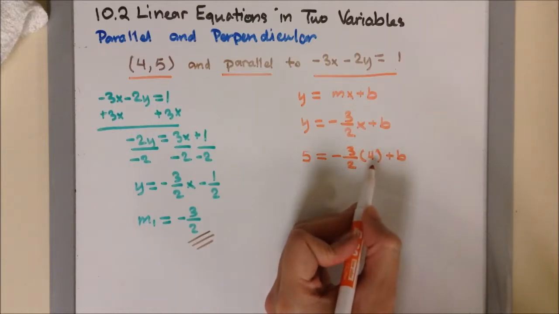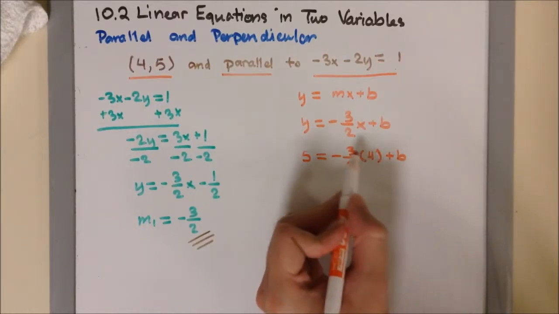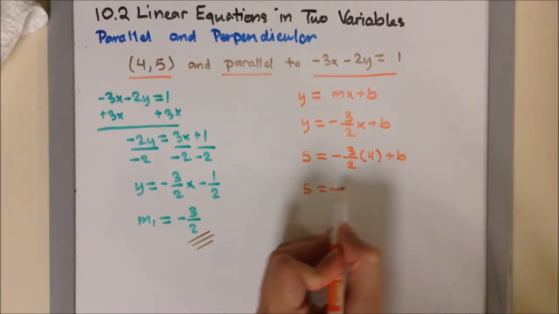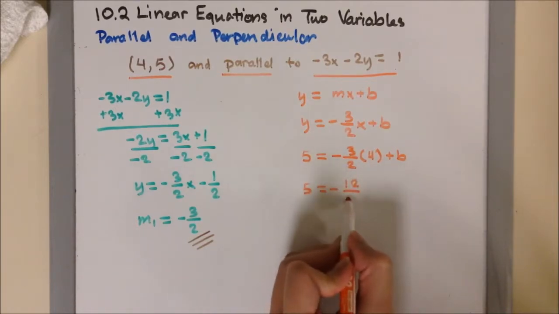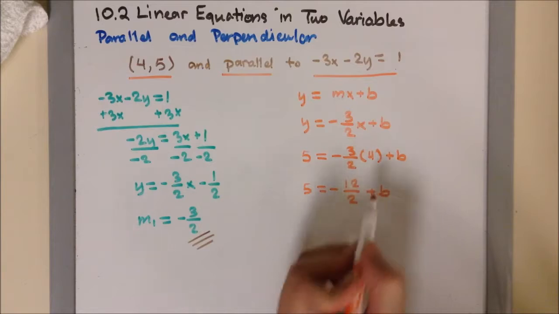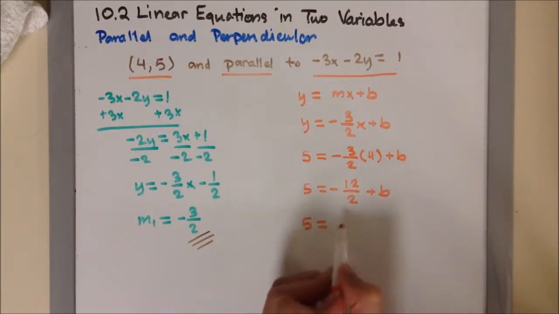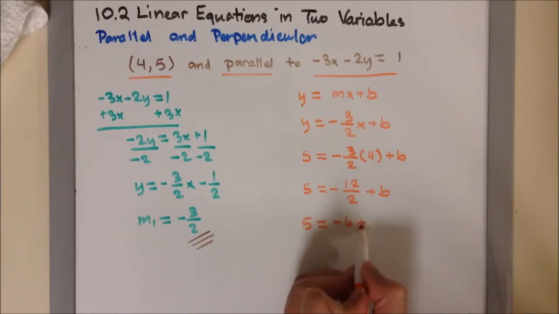A whole number times a fraction, I'm going to multiply the whole number to the numerator. So what you're going to have is 5 equals negative 12 over 2 plus b. Simplify the fraction, so it's going to be 5 equals negative 6 plus b.